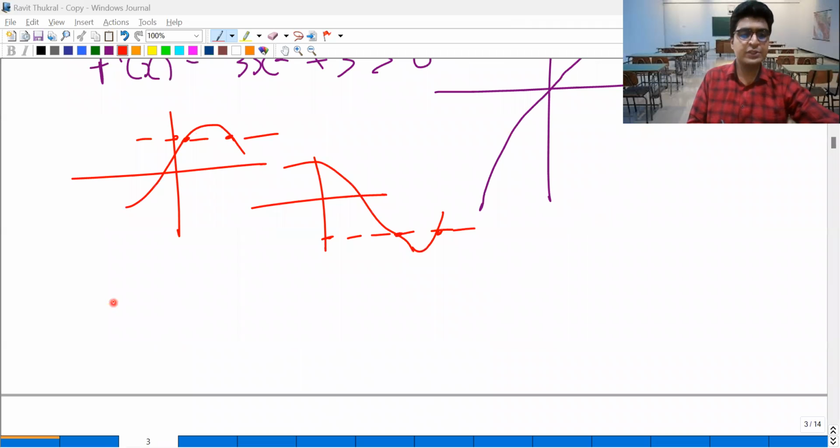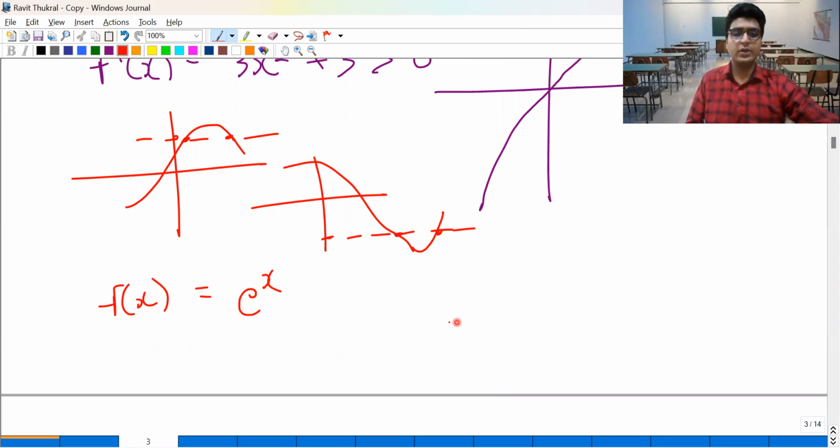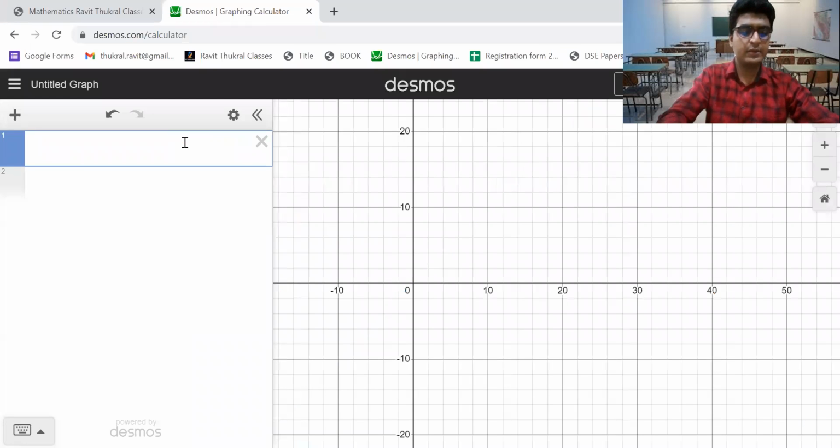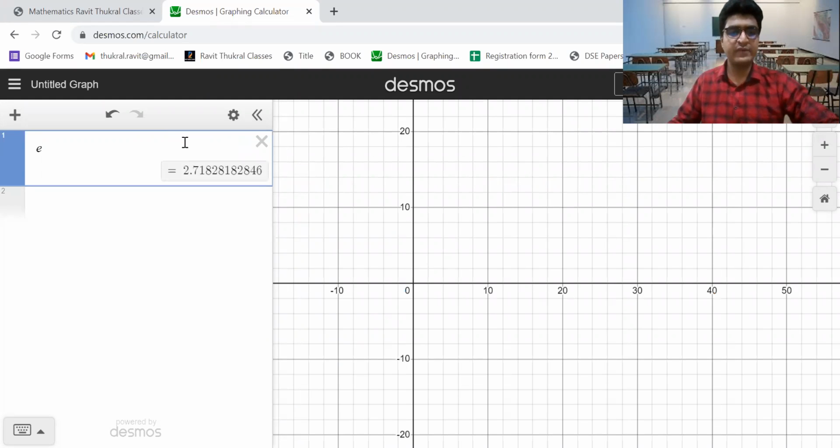Similarly, if we have the function f(x) equal to e to the power x, an exponential function, where the value of e is approximately equal to 2.72. So let's see the graph of this function.